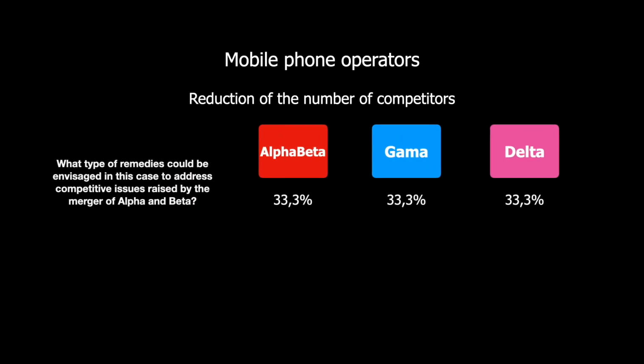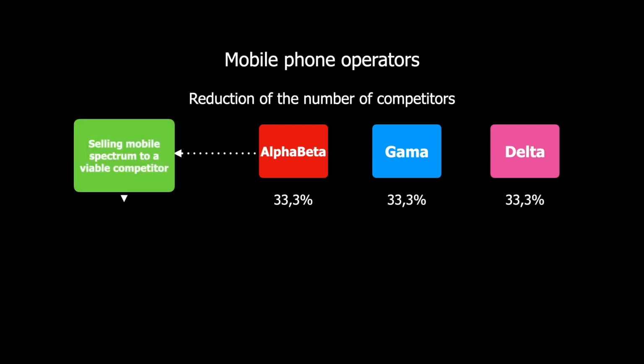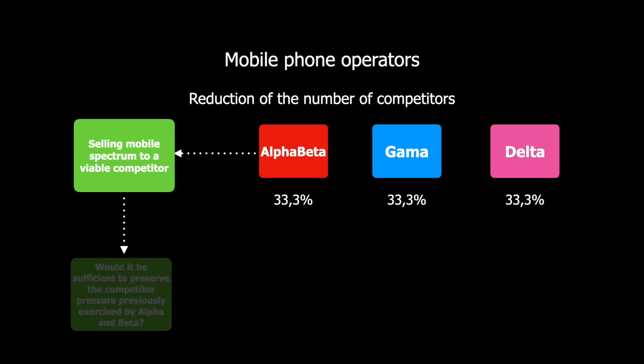To keep things simple, let's focus on the impact caused by the reduction of the market participants from 4 to 3. Because one of the most important barriers to entry in this market is the availability of scarce radio spectrum, a possible route worth exploring is the divestment of spectrum capacity held by the new entity, so that there is enough transmission capacity for a new player to enter the market.